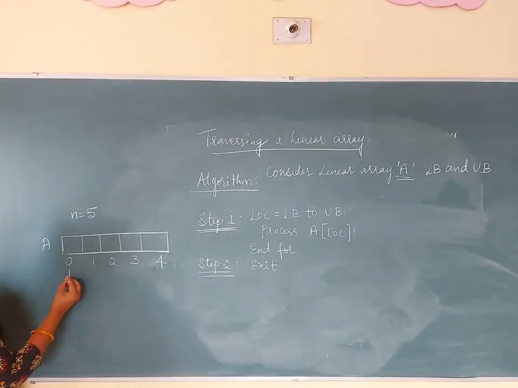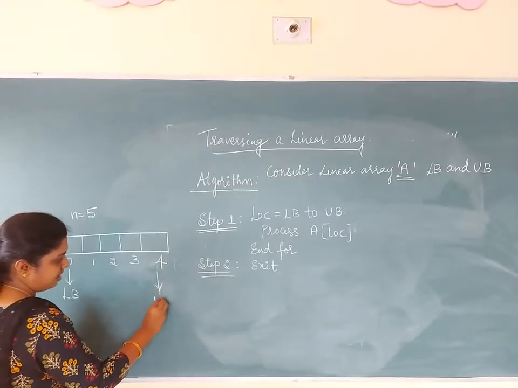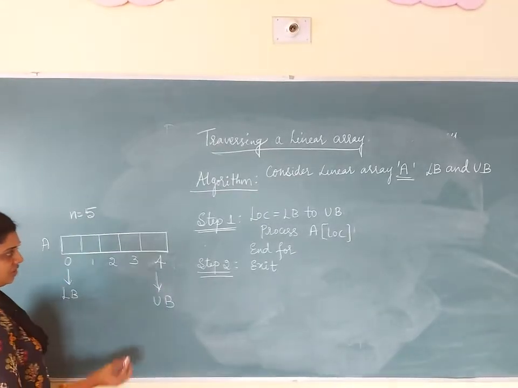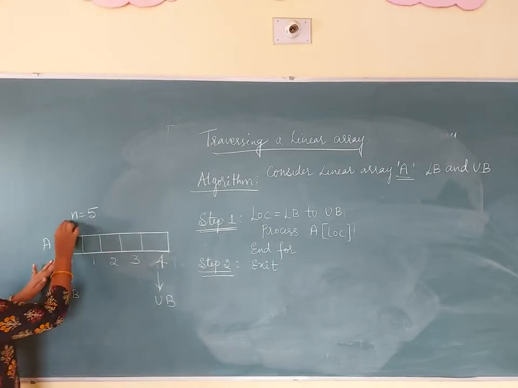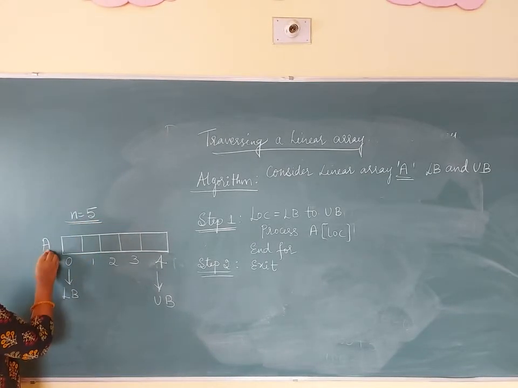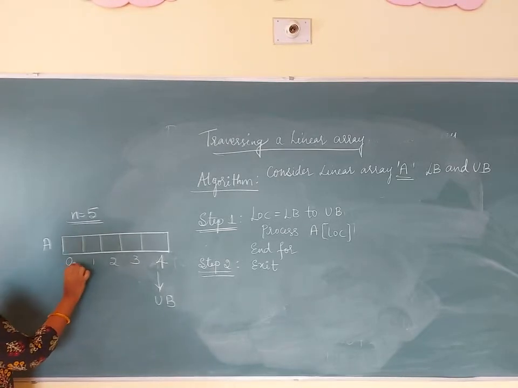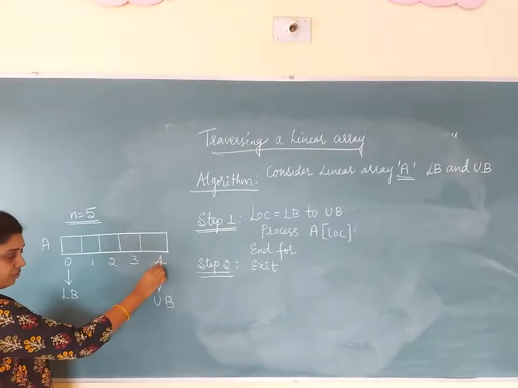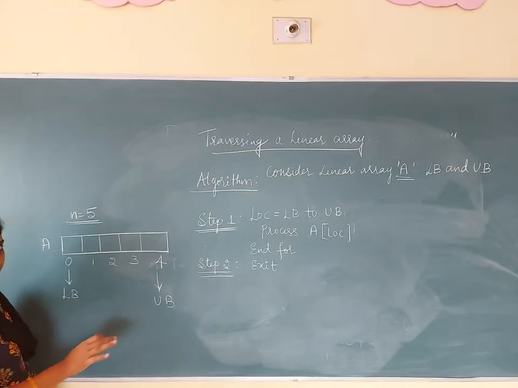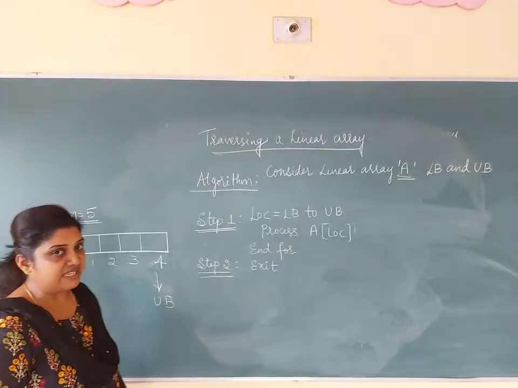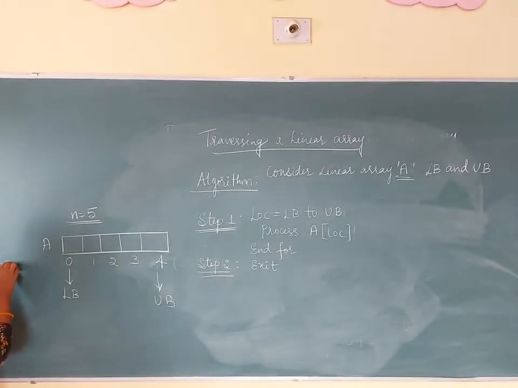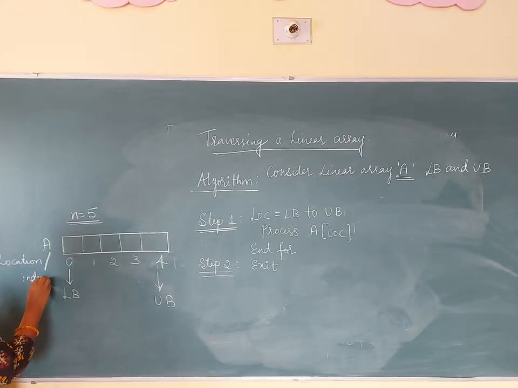So this is my lower bound and this is my upper bound. This is your linear array, with size 5. A means the name of the array, and 0, 1, 2, 3, 4 we call either the location or the index.